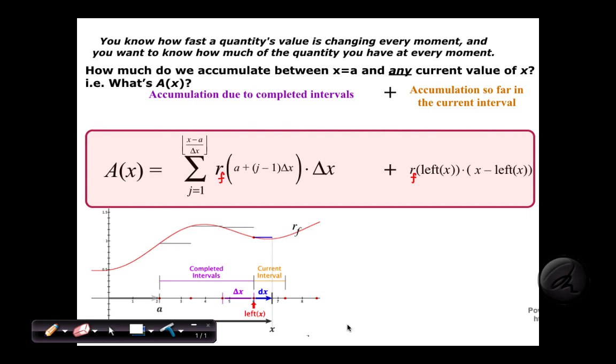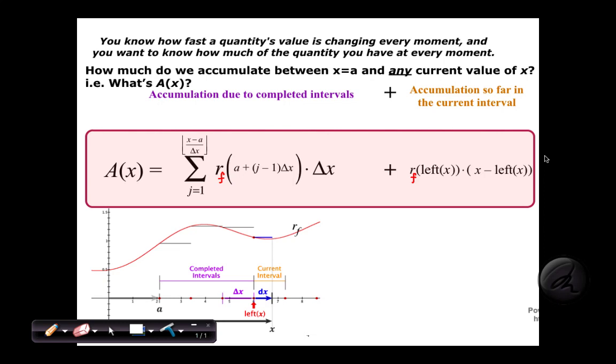I can still write it the exact same way. If I make delta x extremely small, what happens is for any numerical values of x I put in, the top of the sum becomes a larger something. That means I've got more intervals if I make delta x smaller. But this just becomes more exact if I make delta x smaller. And if delta x is smaller, then this part over here is going to be even smaller than delta x is.